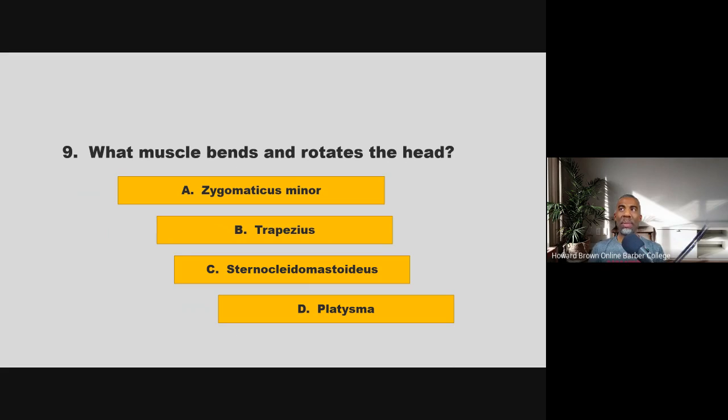What muscle bends and rotates the head? Is it zygomaticus minor, trapezius, sternocleidomastoideus, or platysma? If you chose C, sternocleidomastoideus, you are correct.